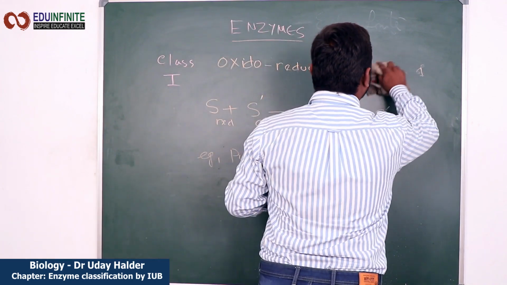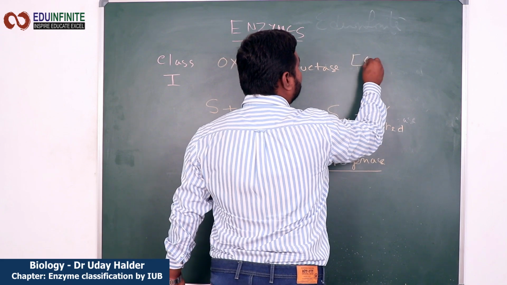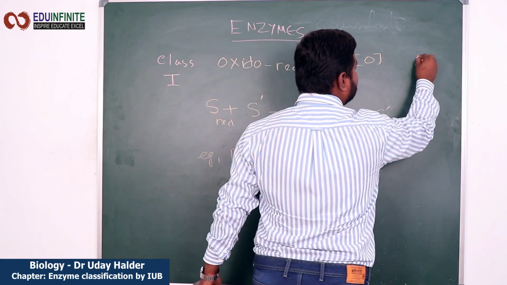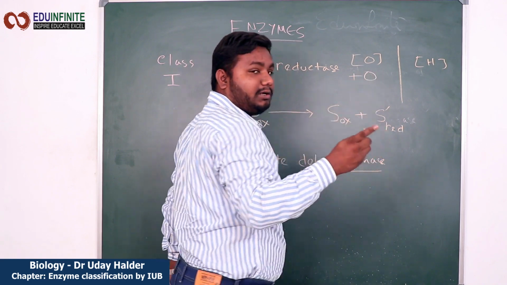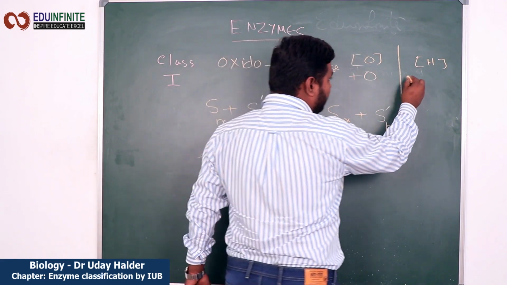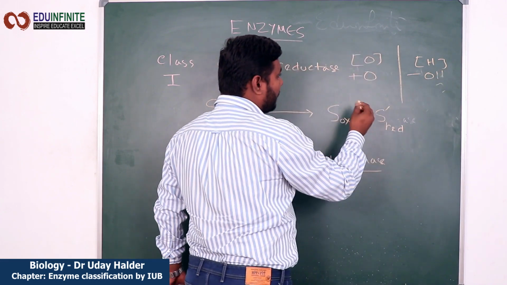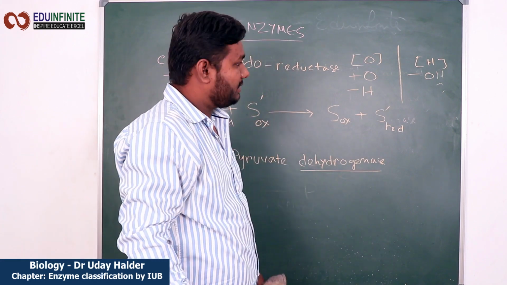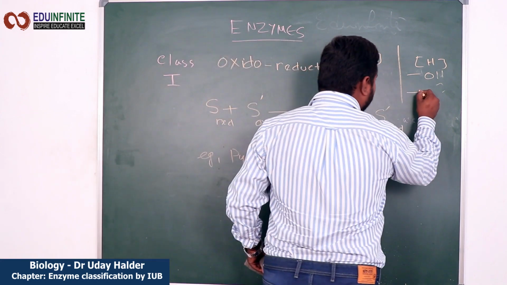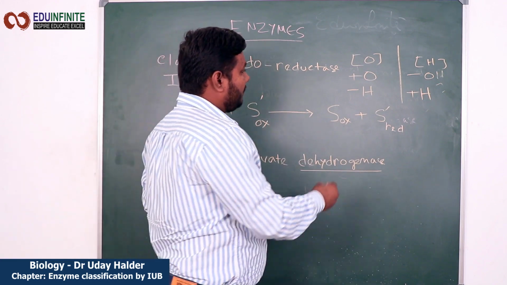You can write like this. I'll write in short. This means oxidation and this means reduction. So addition of oxygen is called oxidation and removal of oxygen, reduction. Then removal of hydrogen is called oxidation and addition of hydrogen is called reduction.